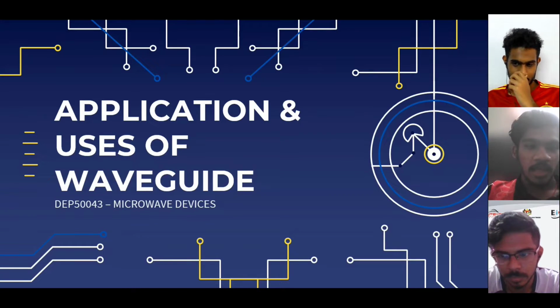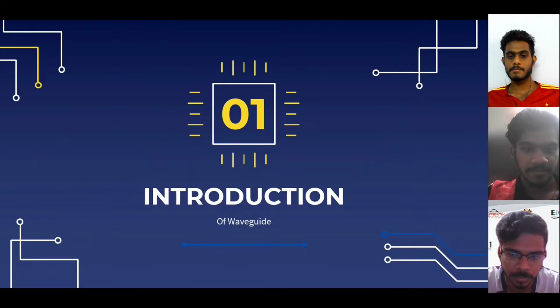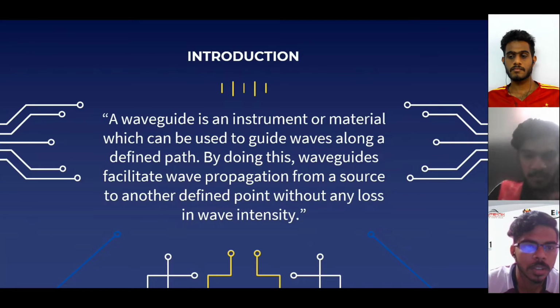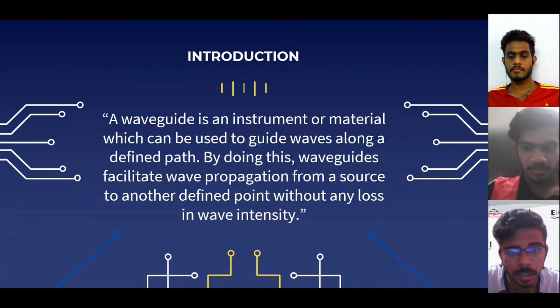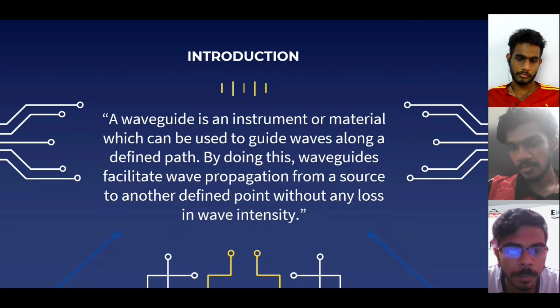Today we're going to explain about the application and uses of waveguide. We start with the introduction. A waveguide is an instrument or material which can be used to guide waves along a defined path.